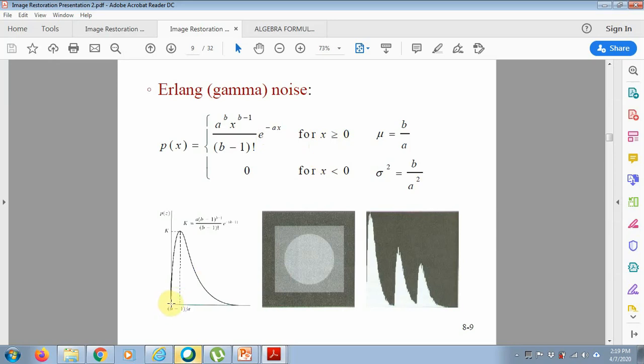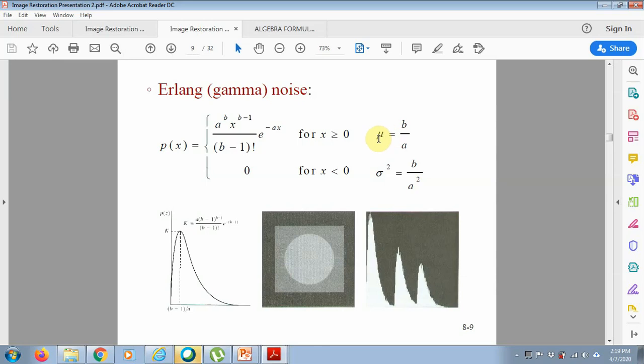You need to start directly after 0. Whatever is after 0 is the noise. So if the value of x is greater than 0, you are in the noise. Okay, and the function for the noise is this.